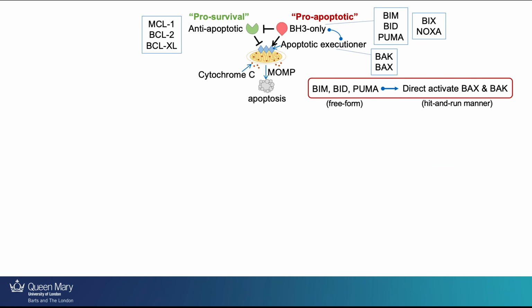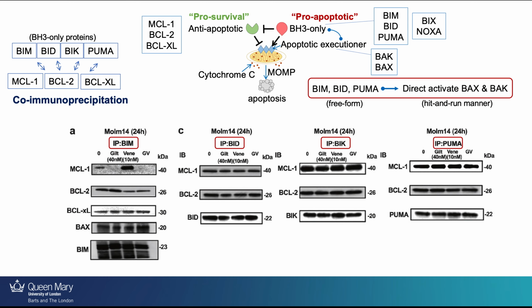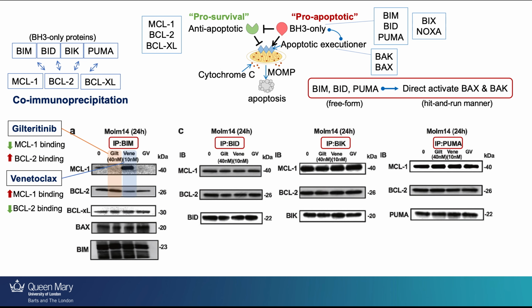An interesting result comes from the co-immunoprecipitation, which demonstrates the protein interaction between pro-survival and pro-apoptotic proteins. The column here demonstrates BIM interaction with other proteins. After treatment, they found that gilteritinib can decrease MCL1 binding but increase BCL-2 binding, while single-agent venetoclax increases MCL1 but decreases BCL-2 binding.